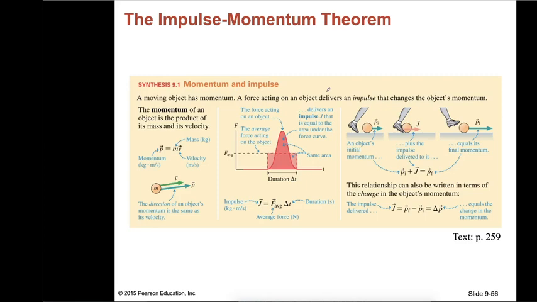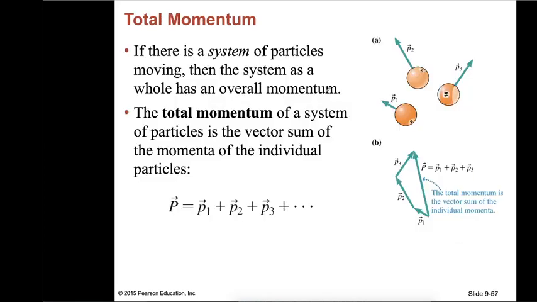Now we have learned the impulse momentum theorem for one object, and let's extend it from one object to multiple objects, or a system. If there is a system of particles moving, then the system as a whole has overall momentum. For example, if you have three spheres, each of them has momentum in different directions.